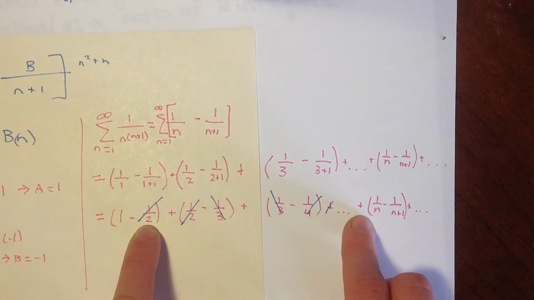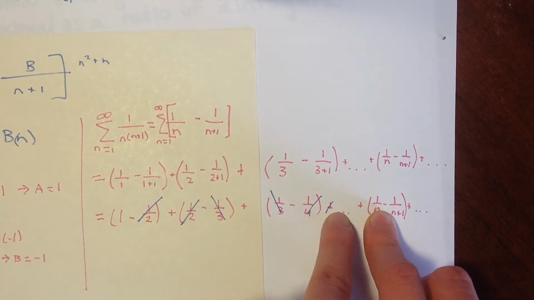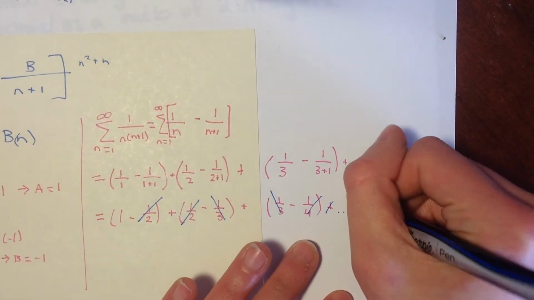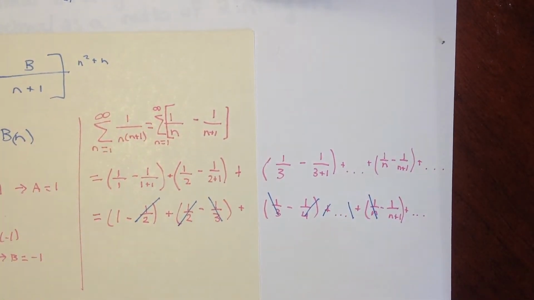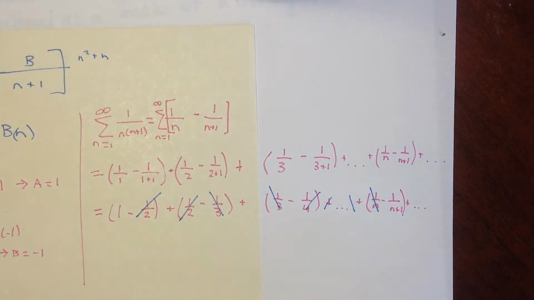So what happens here is that my 1 over n from the future would have already canceled with my 1 over n plus 1 from the past. And so if that makes any sense whatsoever, I'm really left with 1 plus negative 1 over n plus 1.